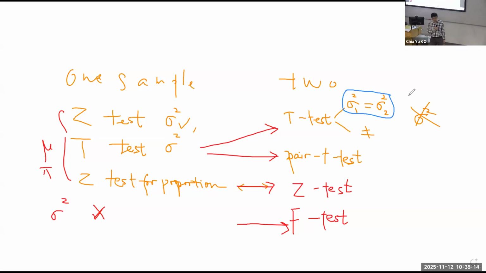And if you have more than 2 products, or you want to compare Hong Kong, Shenzhen, Shanghai, Beijing, 4 cities or more, then either you do the t-test many times, or there's a much faster way called the F-test, or ANOVA F-test, which will be the main focus of today's class.